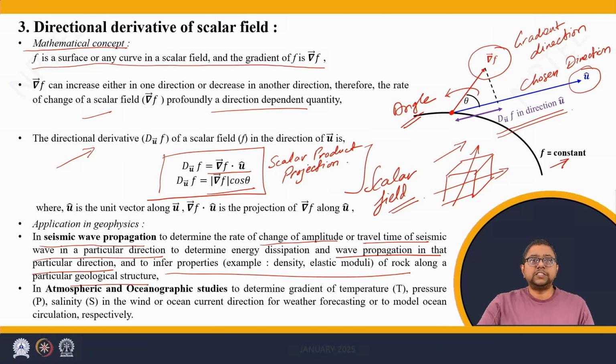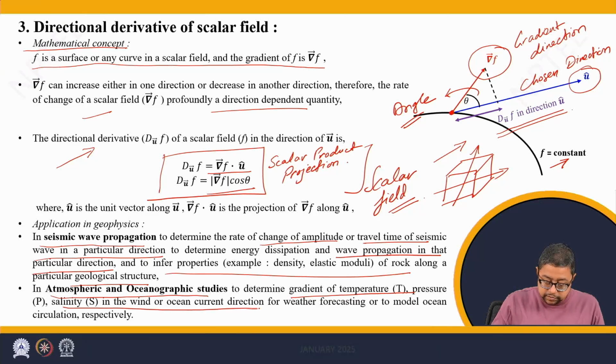In other applications such as atmospheric and oceanic studies, directional derivatives also play a very important role. We all know by now that the temperature gradient and pressure gradient are of utmost importance in oceanic and atmospheric flows, atmospheric behavior.